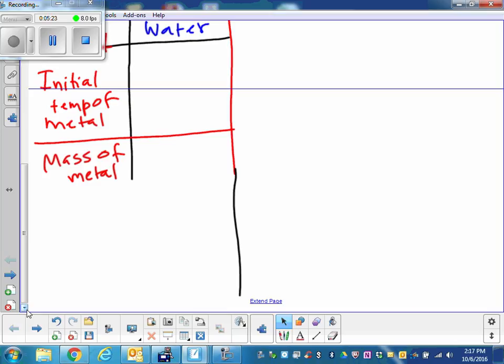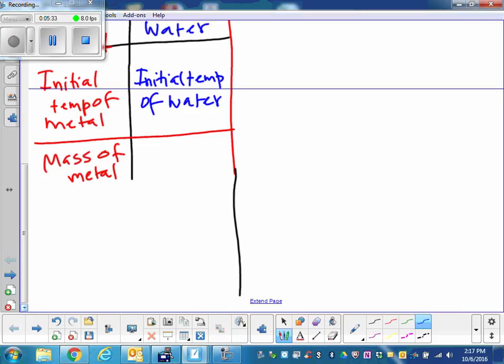All right. I need the initial temperature of water. What else do I need? Yes. Mass of water. All right. I need mass of water. What else do I need? Is there anything else that I need, or am I done?